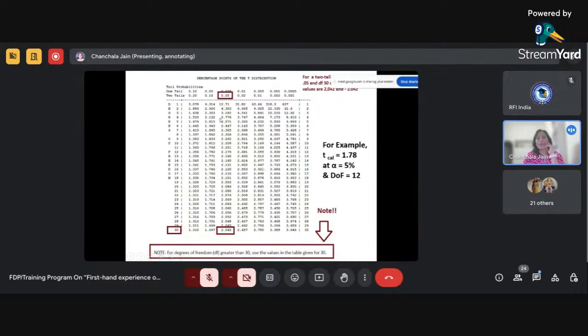So for the 5% level of significance and 12 degrees of freedom, you can find the T table value or T critical value will be 2.179. So you can compare these two figures. It is quite visible to everyone that 1.78 is less than 2.179, right? So we can accept the null hypothesis. This way we are performing manual calculations and reaching the conclusion. I think it is easy to understand, right?